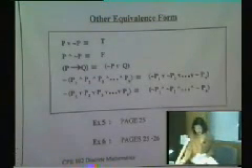Okay, let's see a couple examples from the textbook. Example number 5 and 6. Show that these two statements are equivalent. How can we do it?